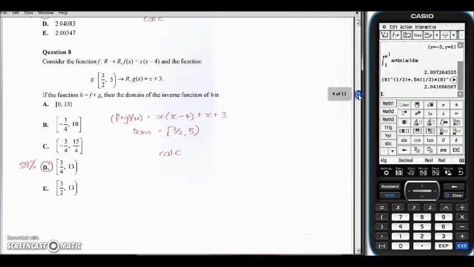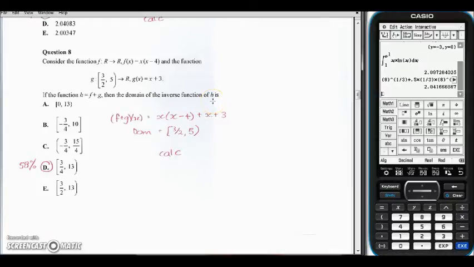Okay, moving on, question 8. It's a bit of a tricky one. Consider this function here, x squared minus 4, which is a quadratic, and this function here, x plus 3, which is a straight line, but we're only graphing it from 3/2 to 5. If the function h is equal to f plus g, then what's the domain of the inverse function of h?